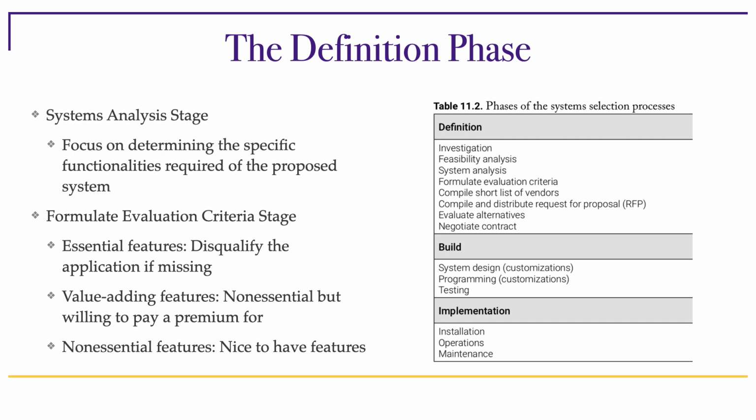Then there's value-adding features which are non-essential, but we'd be willing to pay a premium for. So they will not disqualify a vendor from being considered, but rather they will make that vendor more appealing to us. And then there's a bunch of non-essential features that would be nice to have, but we may not even be willing to pay for. Extras, if you will.